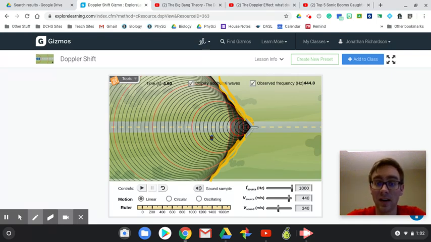That would actually create a sonic boom for the person standing here. When that barrier crosses them, they would hear a big crack, big boom, or what we call the sonic boom, because it is traveling faster than its own sound waves. And that's what we call going supersonic. Supersonic means literally going faster than sound waves.